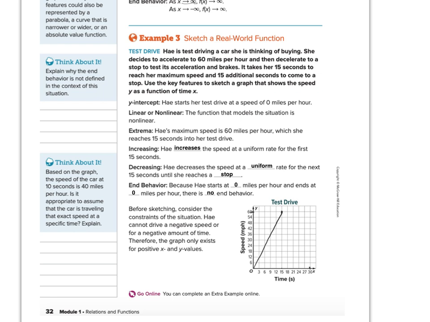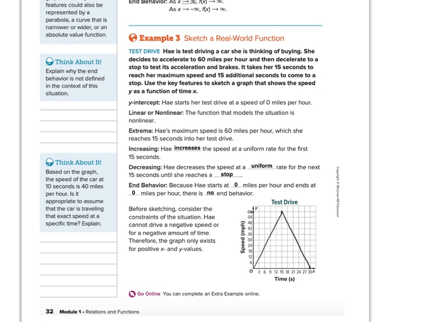She stops at 15 additional seconds. So what seems to be going on here is she starts at 0 seconds and 0 speed. She accelerates to 60 miles per hour in 15 seconds and then decelerates to 0 speed in 30 seconds total.